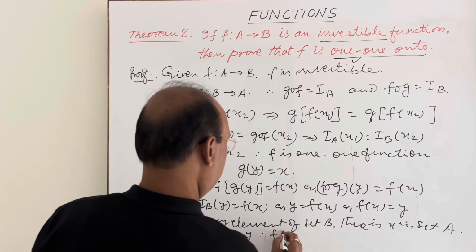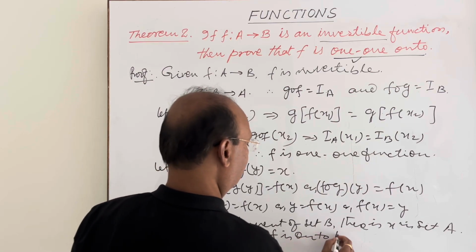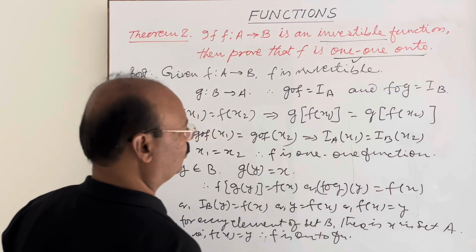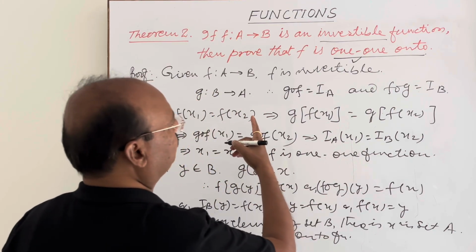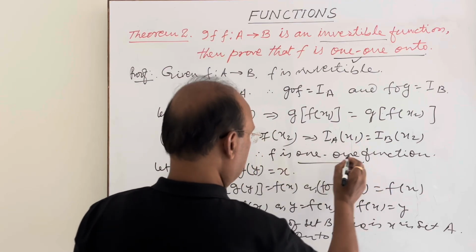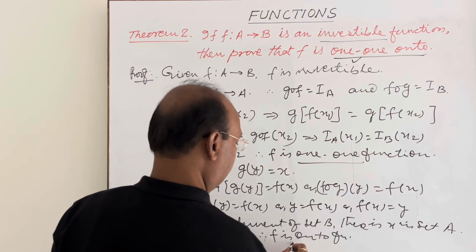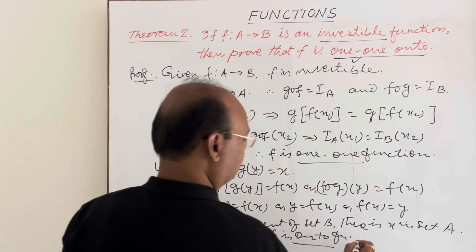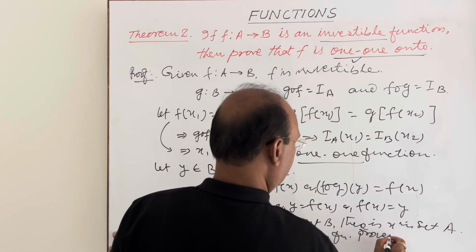Therefore, this function f is an onto function. So here we are proving that if f is invertible, then f is a 1-1 function, and f is an onto function. So this theorem has been proved here.